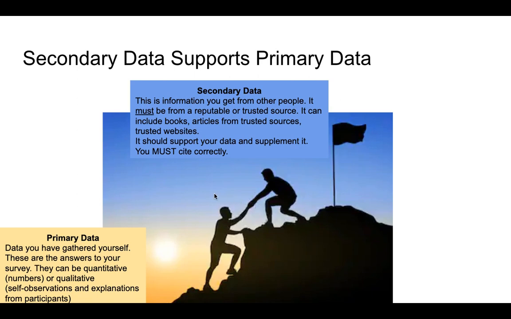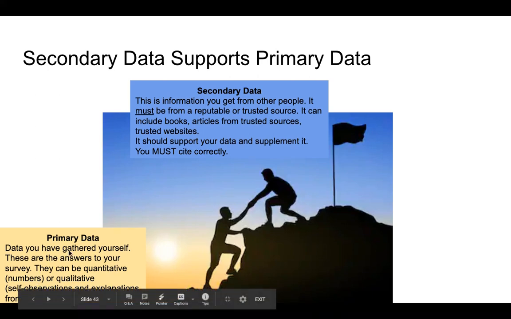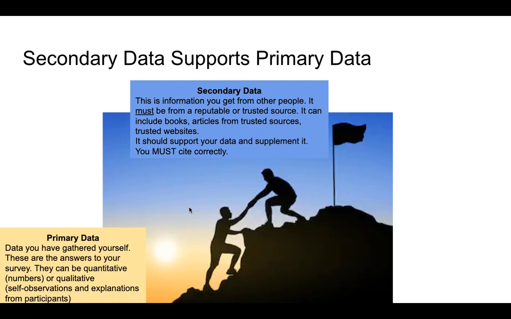So, for instance, if you do a survey and you write, students spend between 5 and 6 hours a day looking at their phone, and you talk about the implications of that, secondary data might just be another person who's found similar research or similar implications that support what you have said and prove what you have said. I'll give you another example in a bit. So primary data is the data you've got, and then you say, here's also some stuff from another person just to show that I'm right.